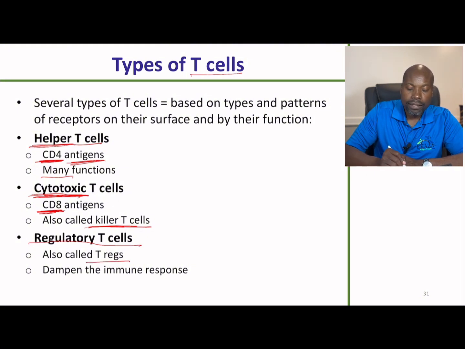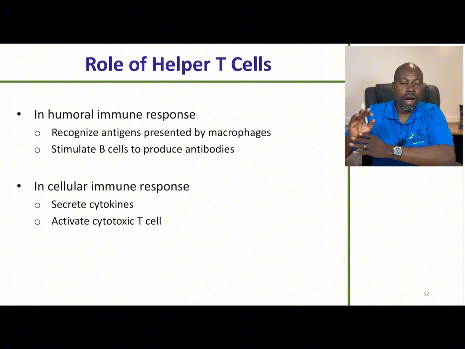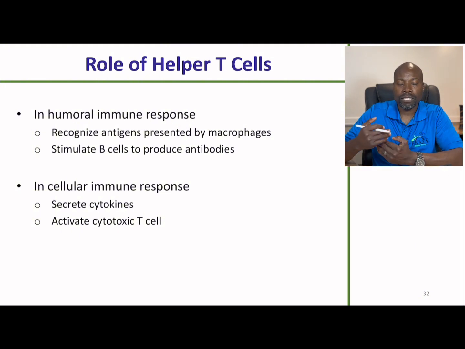These Tregs are going to make the immune system softer, so they're going to dampen the immune response so that our body is not developing too harsh of a response, because whenever we develop an immune response, our body is actually feeling that and responding to that as well.